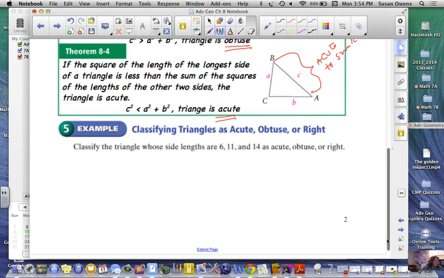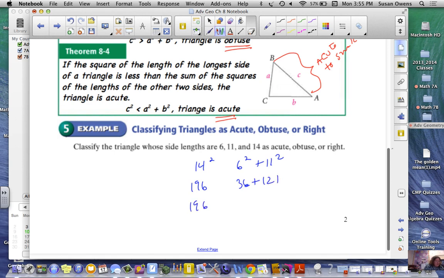So an example you might be given is, here are three sides. Is it acute, obtuse, or right? So what I'm going to do is start with what would be the hypotenuse. So 14 squared, and then I compare it to 6 squared plus 11 squared. So 196 compared to 36 plus 121.